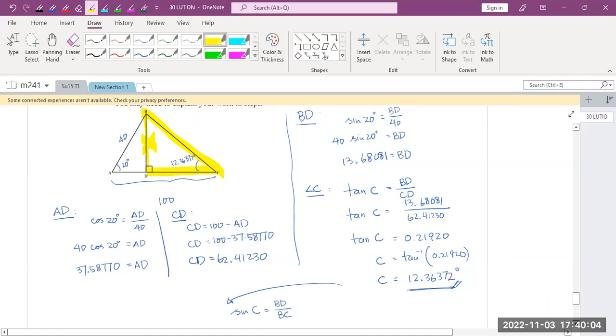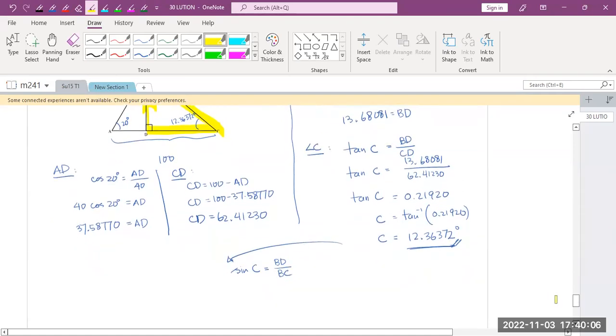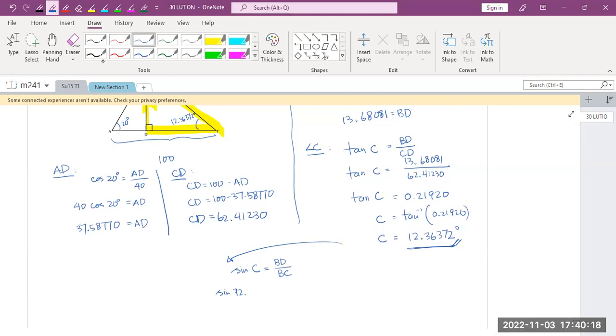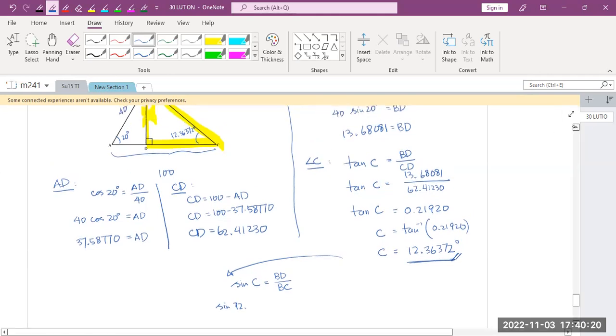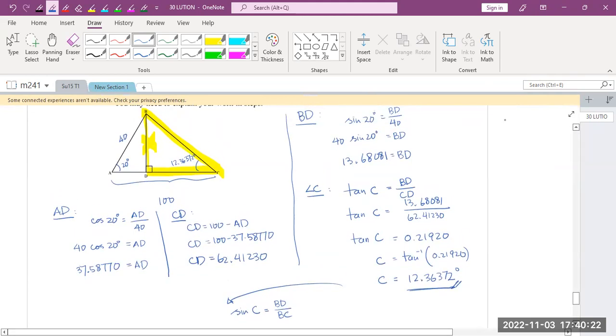Actually, we can just use the Pythagorean theorem to find BC, because we already have side BD and also side CD. You can do that.